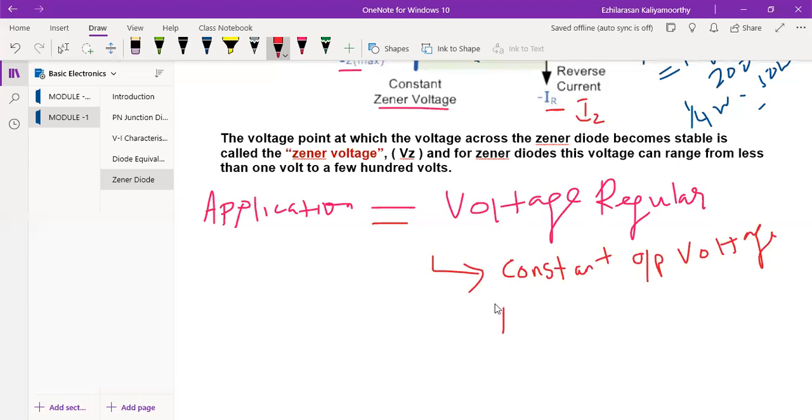For example, the input may be 15 volt, or 20 volt, or 30 volt, or 40, anything, but the output I will get constantly is 5 volt only. That is the main application of this Zener diode.